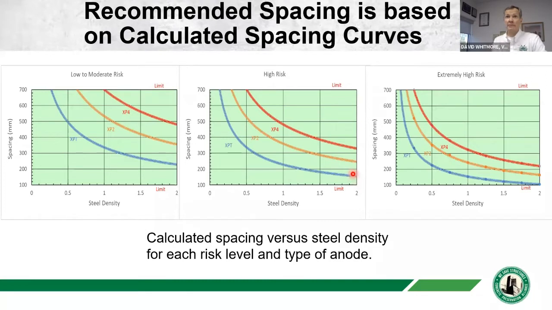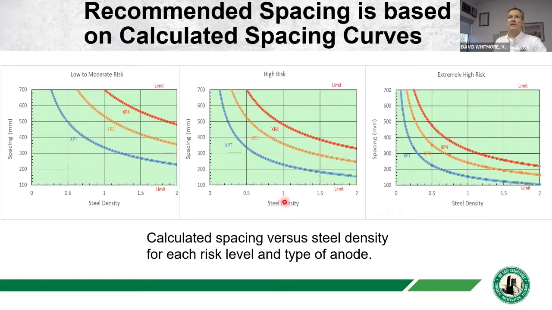There's one spacing curve for each of the sizes of anodes. And obviously the spacing is less for the smaller anodes, moderate for the middle ones, and higher for the larger anodes. And that's to give the same current density to the steel, because everything in this table here will be where you have high risk, so the 0.8 to 1.5% chloride applications.